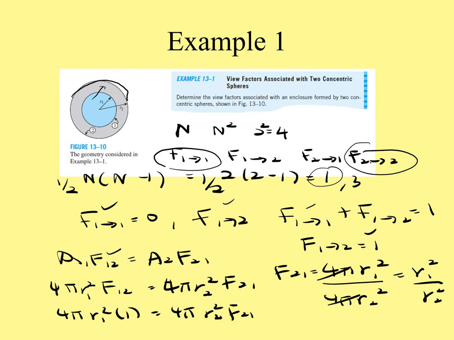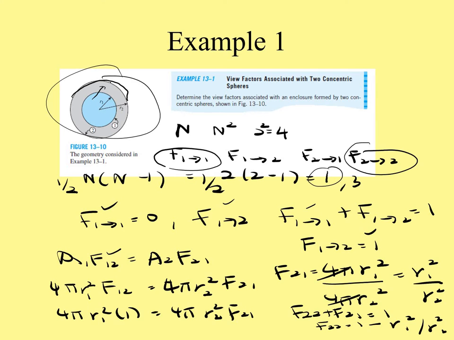To determine f22 we use the summation rule: from the same surface, f22 plus f21 is equal to 1. So f22 equals 1 minus r1 squared over r2 squared. That finishes determining the 4 view factors for these surfaces.